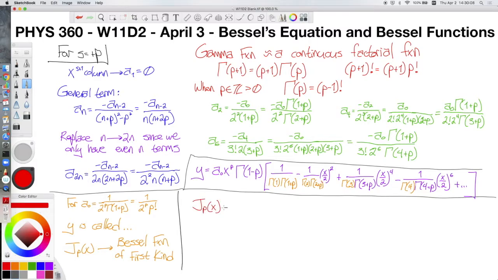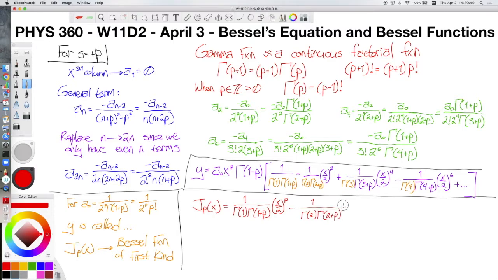Jp of x is equal to, with the appropriate value of A naught, your first term is 1 over gamma of 1 times gamma of 1 plus p, all times x over 2 to the p power. Remember, because our first term is x to the s, and s is equal to p for this case. Then our next term is going to be 1 over gamma of 2 times gamma of 2 plus p.